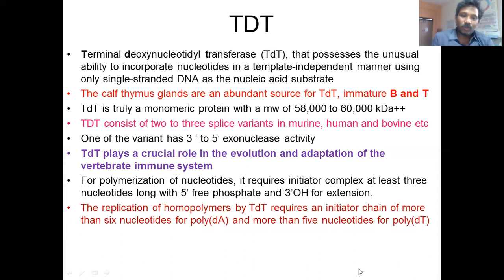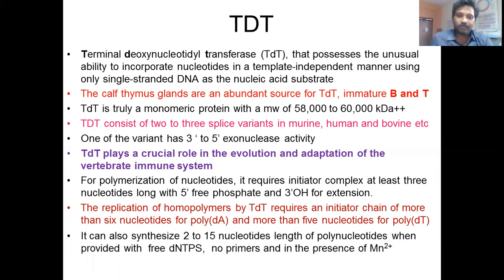Homopolymers all depend on the length of the primer. If there are more than 6 nucleotides, you can get poly T, poly A. If it is more than 5, you get poly T homopolymers.